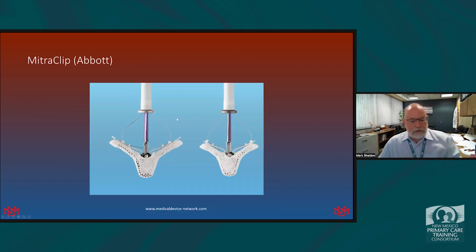Now, this is a picture of the mitral clip. This is a device right here that stays in the patient, the white mesh covering thing. Basically, it's pushed through the atrium down into the ventricle, and the valve leaflets are caught by these wings on the mitral clip to essentially not allow those leaflets to go apart.